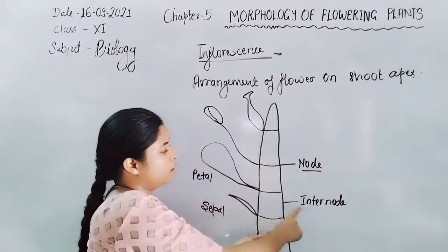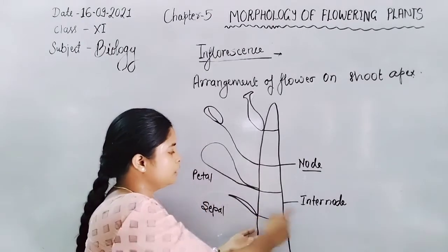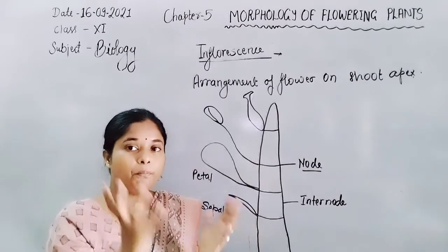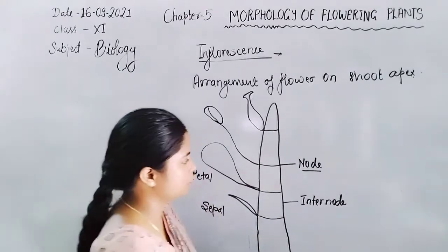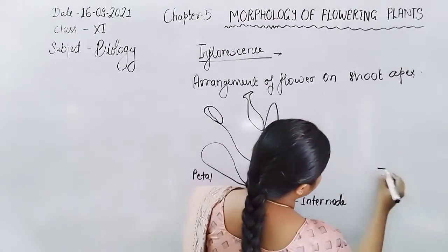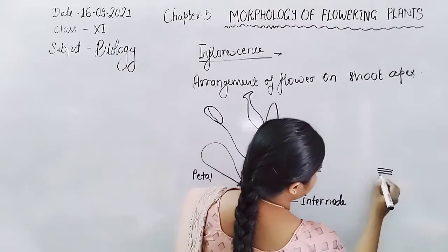So due to the reduction in the internode, all the nodes come together and form a compact structure of flower. So for example, here is the first node, second node, third and fourth node.